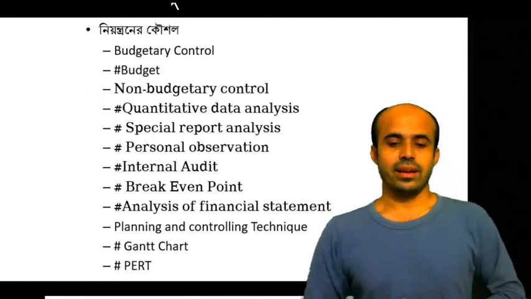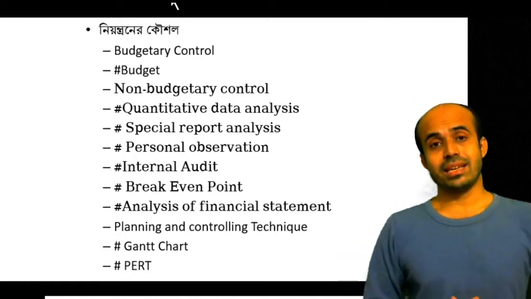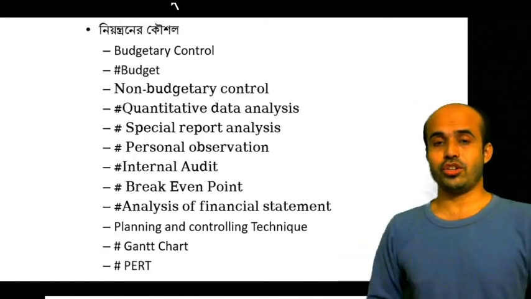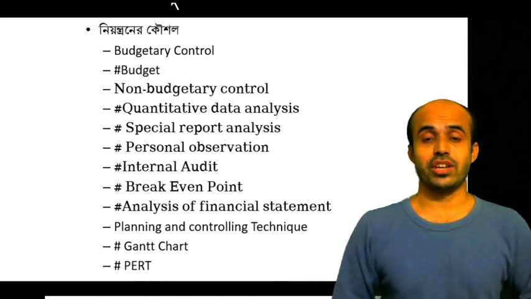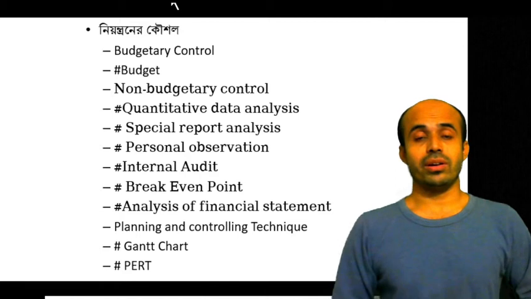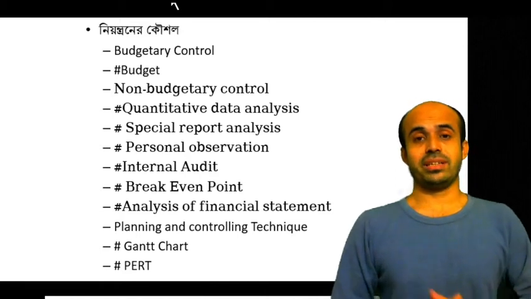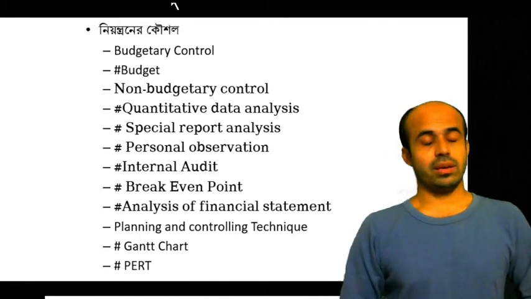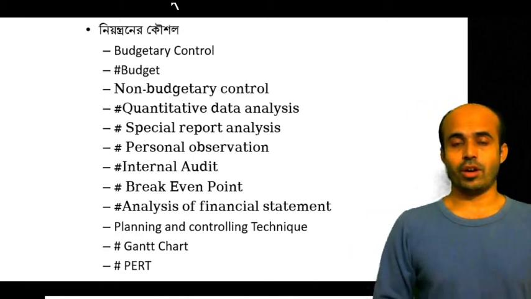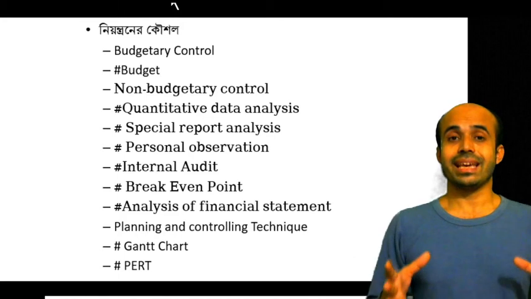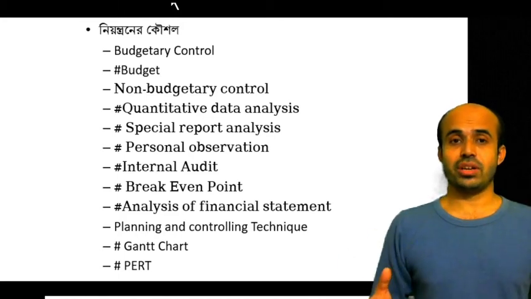So next, the analysis of financial statements. Do you know what a financial statement is? In accounting, you know the financial statement or balance sheet, and the income and expense details of the company. All these can be used in an organization for controlling.